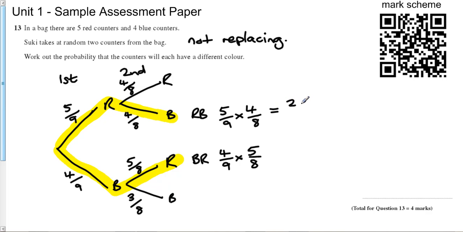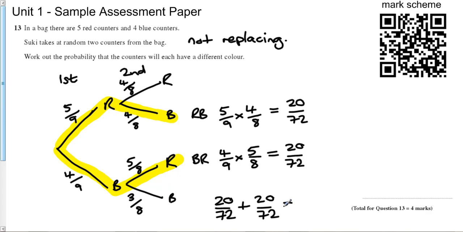Multiplying fractions, top times top, bottom times bottom, and similarly for that one we end up with the same probability of each of those things. And then finally there are 2 different ways of doing it. You could get a red then a blue, or you could get a blue then a red, and because of the or, we've got the probability of red then blue or the probability of blue then red, and that gives us 40 out of 72.